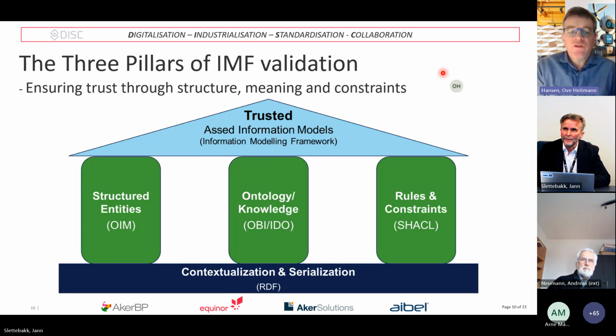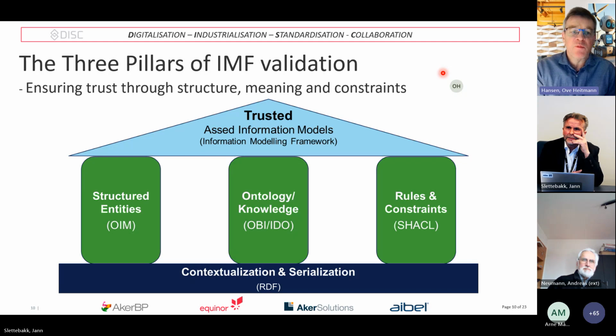So I'm just going to give you a high-level introduction, to see what we're working on to make sure that we can create asset information models. First of all, we need to contextualize and serialize, as mentioned by Jann. We need to create persistent IDs, understanding what actually we're dealing with. Then, of course, these 3 green pillars are the foundation that we need to have in place.